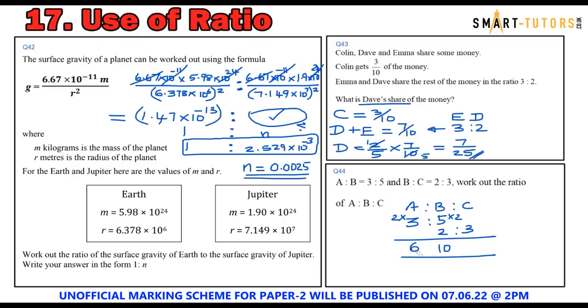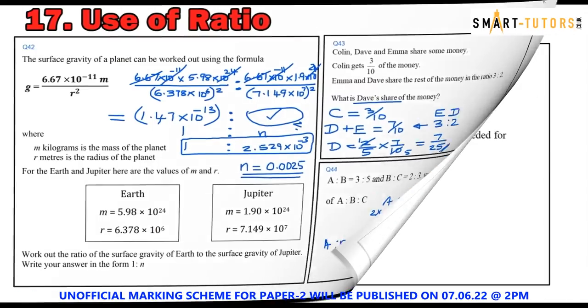So 2 times 3 is 6:10, and this times by 5 and this times by 5 is going to be 15. So 6:10:15, that is A is to B is to C. That is the use of ratio, topic number 17.